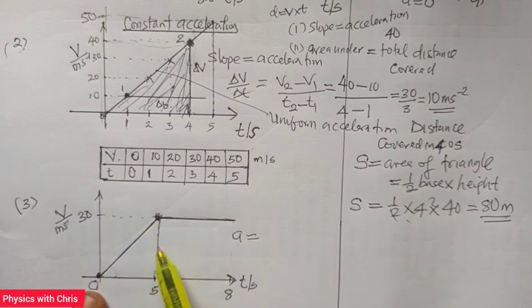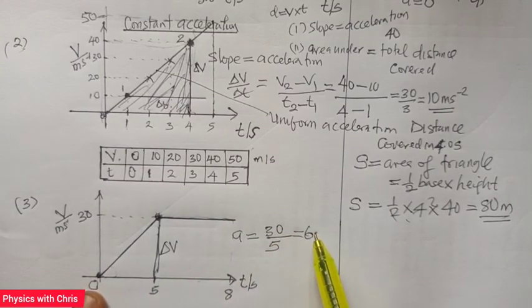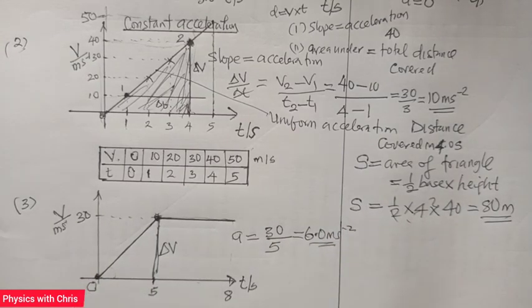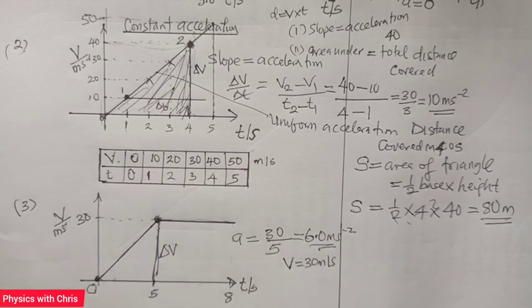Use my slope triangle. This is my change in speed, which is 30, over change in time, which is 5. So it started from rest and moved with a constant acceleration of 6 meters per second squared and attained a maximum velocity of 30 meters per second in 5 seconds.